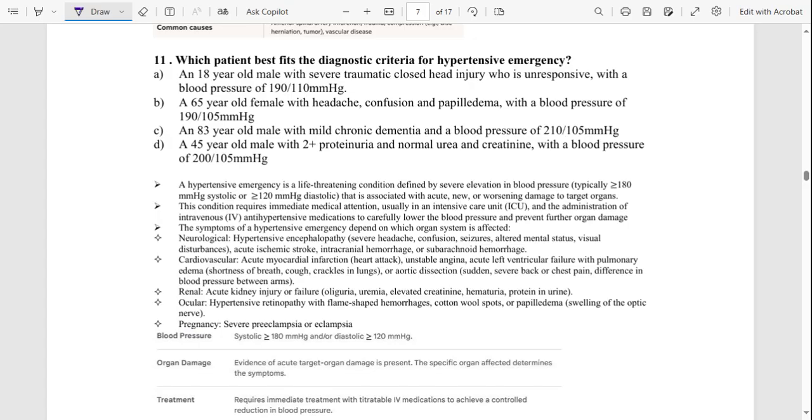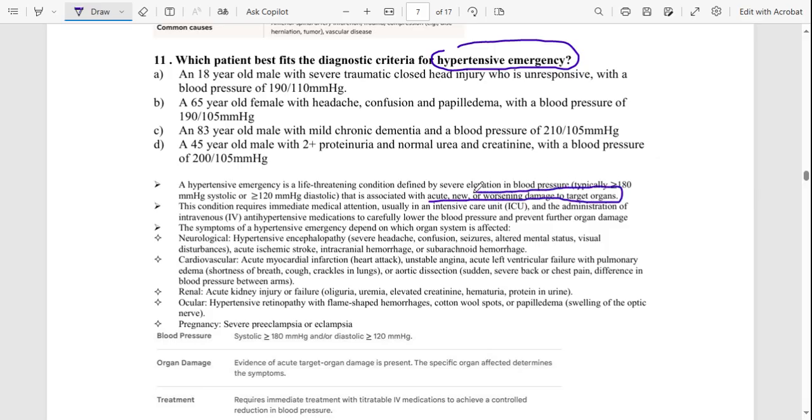Okay, why do you go for that one, Doc? So we define a hypertensive emergency as a life-threatening condition where the BP is greater than 180 over 120 and should be associated with acute, new, or worsening damage to target organs.